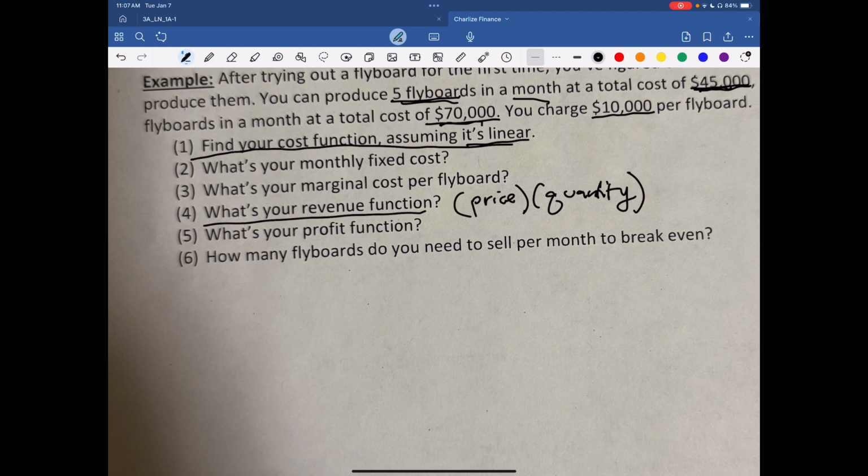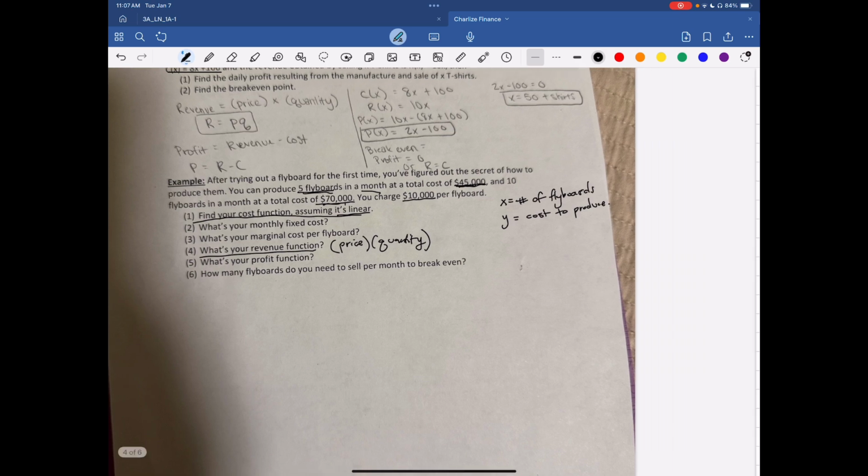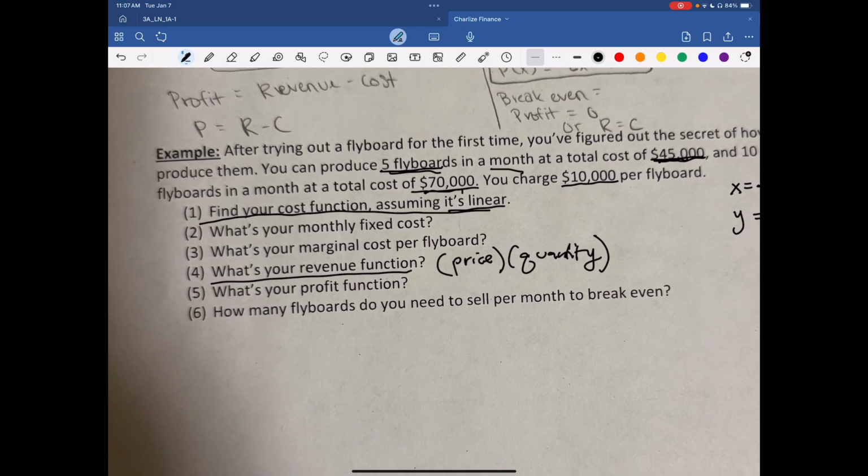So the revenue function is actually going to be the amount of money we make. So it has nothing to do with cost really. So you would have to look in the word problem, and it should give you more information.